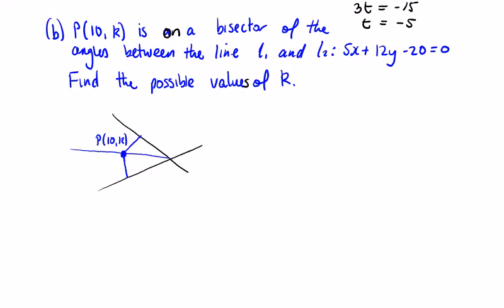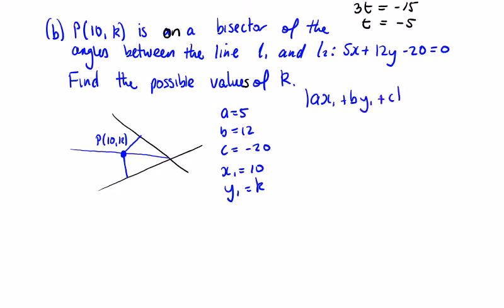So 5x, A is equal to 5, B is equal to 12, and C is equal to -20. x1 is equal to 10, y1 is equal to k. If you don't know this formula off by heart for perpendicular distance, you should definitely go and remember it. It's |ax1 + by1 + c| over the square root of a squared plus b squared.